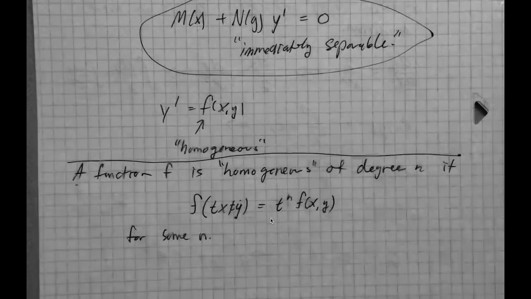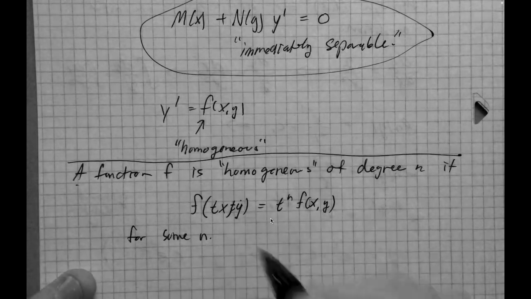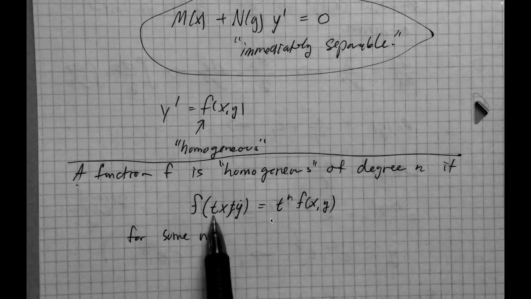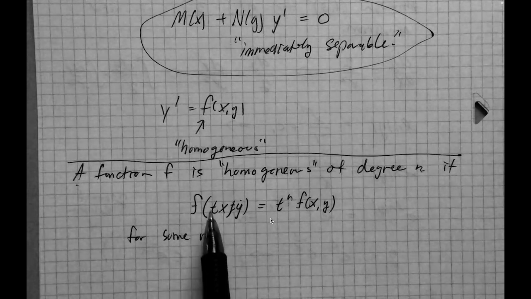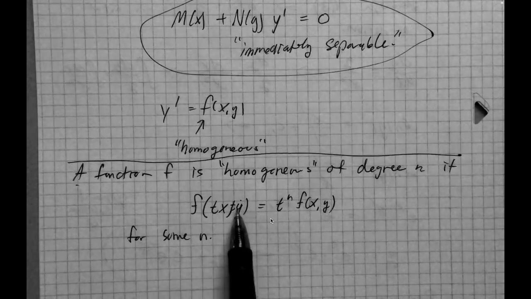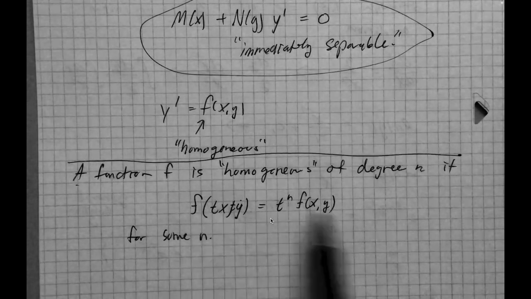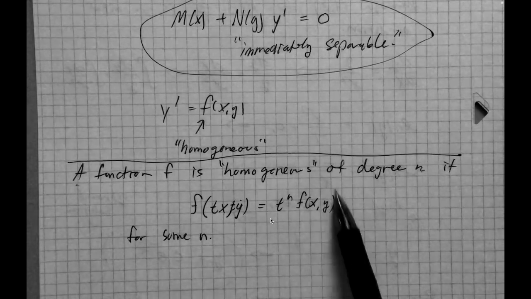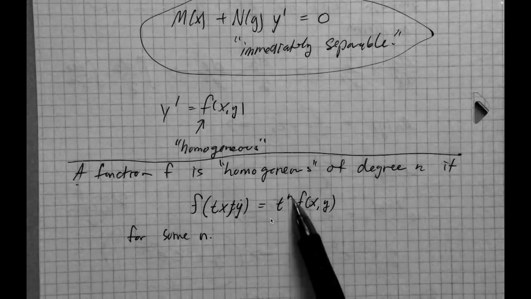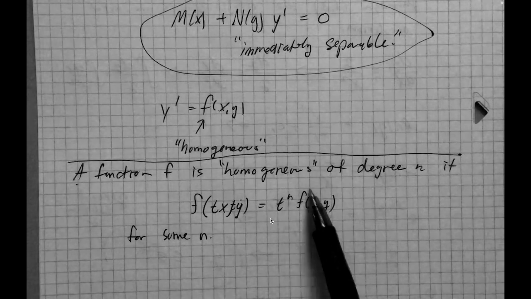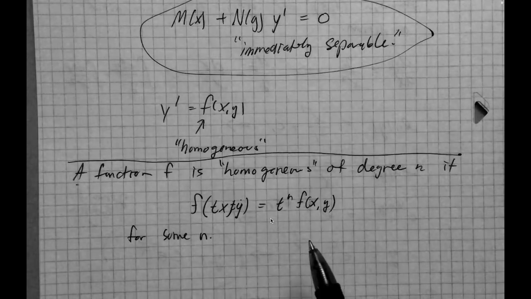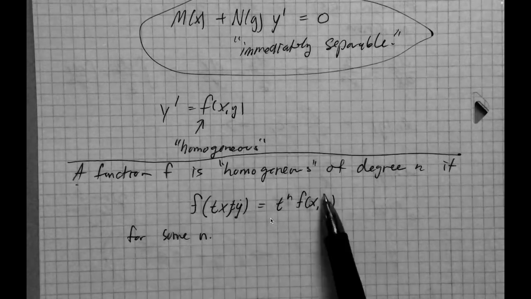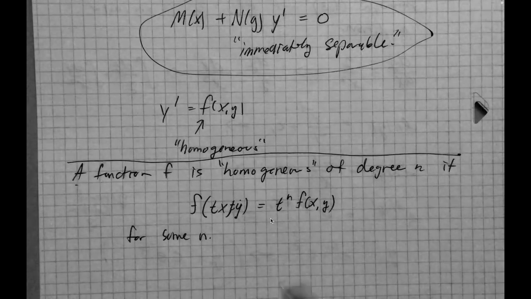What does this mean? If I plug in tx instead of x, and ty instead of y, then I ought to be able to factor all of the t's back out of the function and get t raised to some power times f of x, y. This is the definition of a homogeneous function of degree n.